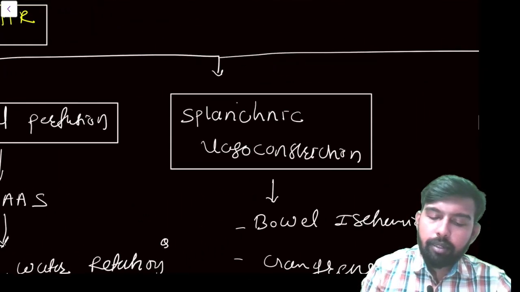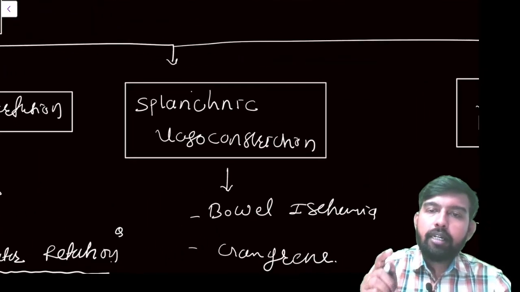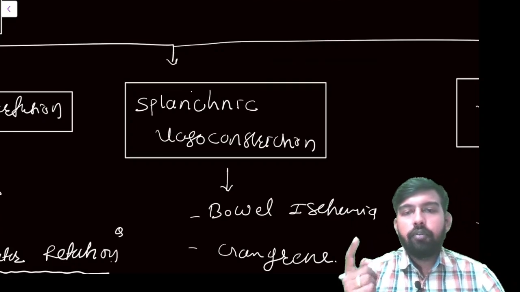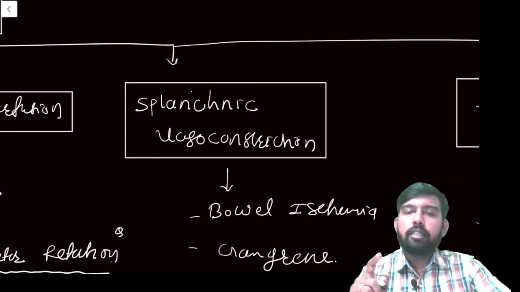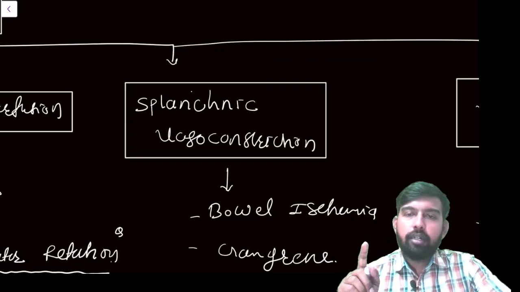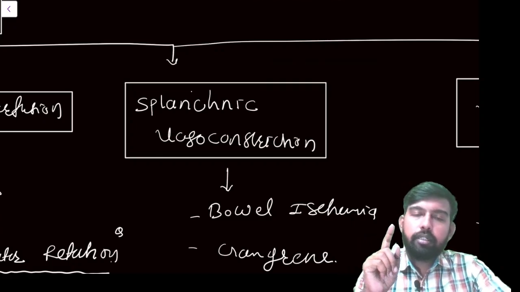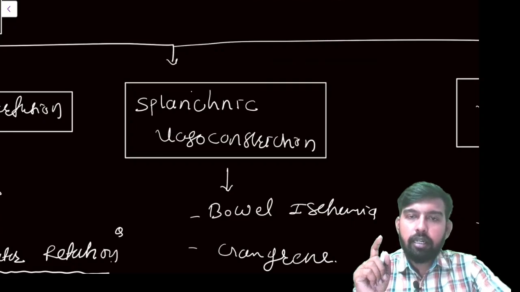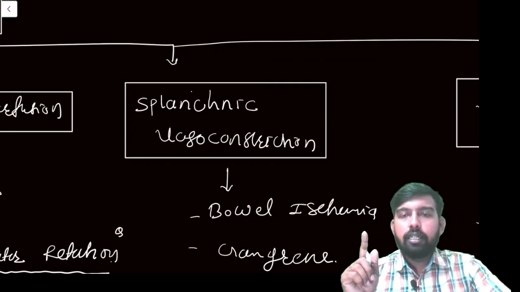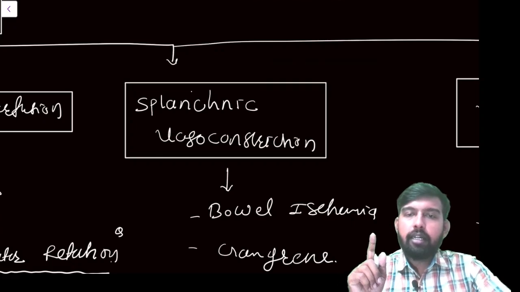And because of the shock, the body tries to divert blood to the vital organs such as lung, liver, kidney, and towards the brain, and there is decreased blood supply towards the skin, GIT, and the muscle.